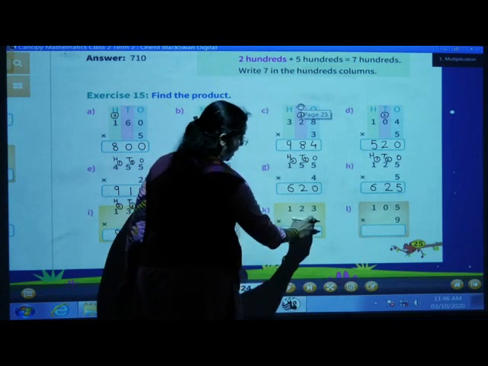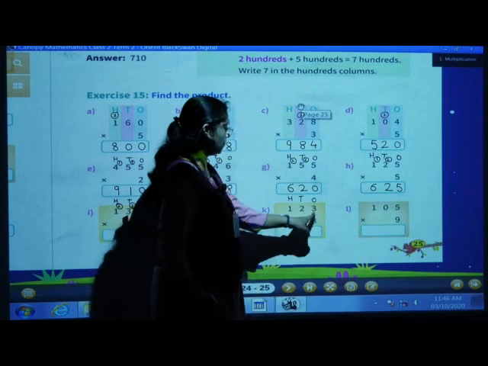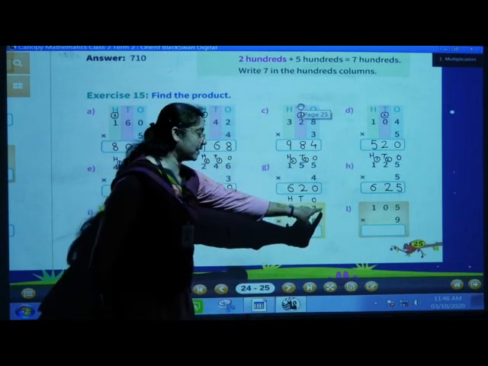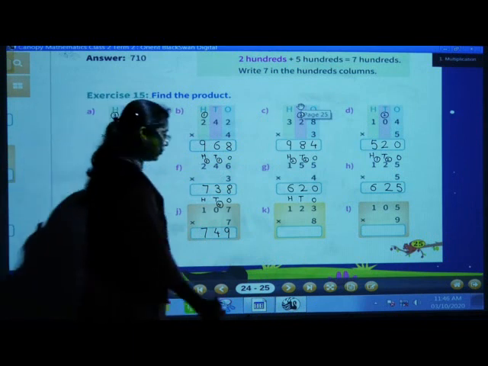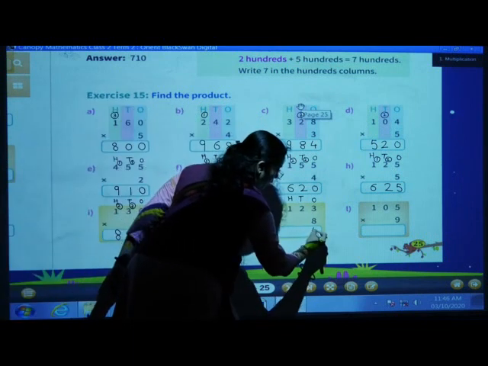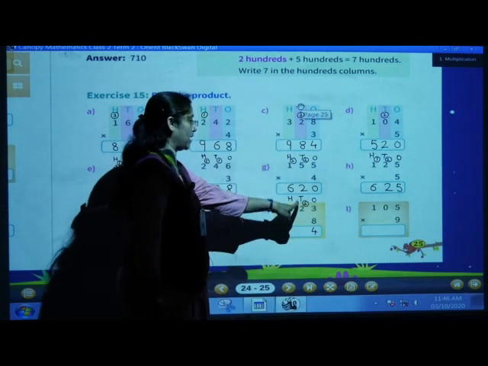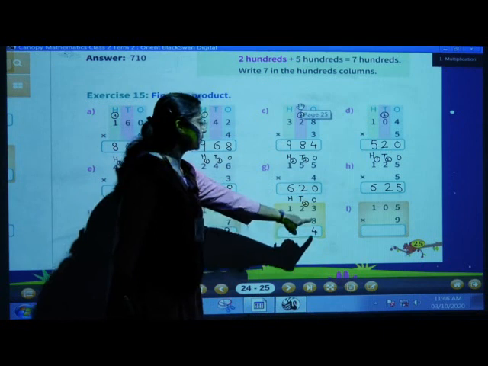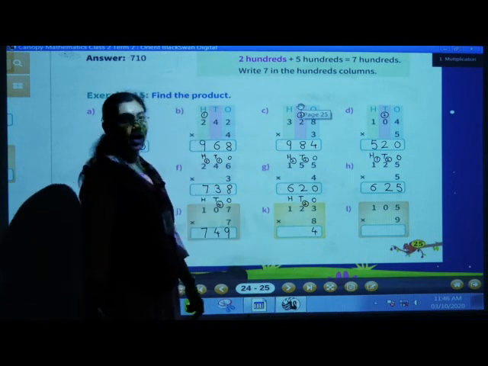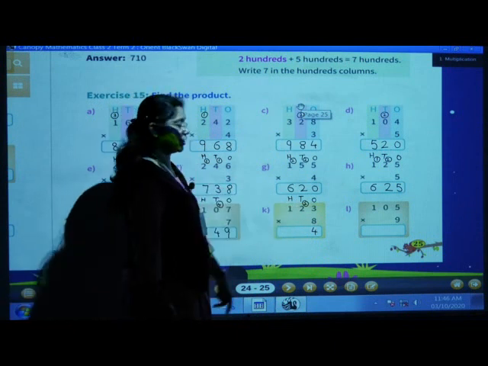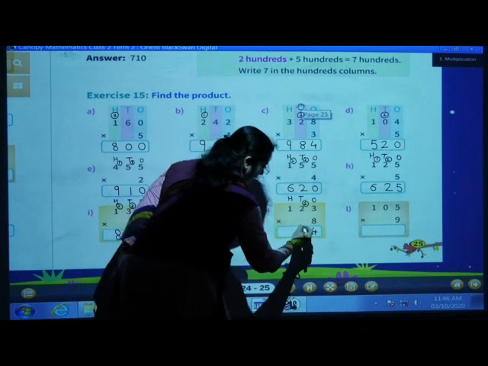Next, 123 multiplied by 8. 8 threes are 24. Means 4 we have to write in ones column. 2 will be the carry in the tens column. 8 twos are 16. 16 plus 2, we have to add this 2. 16 plus 2, 17, 18.